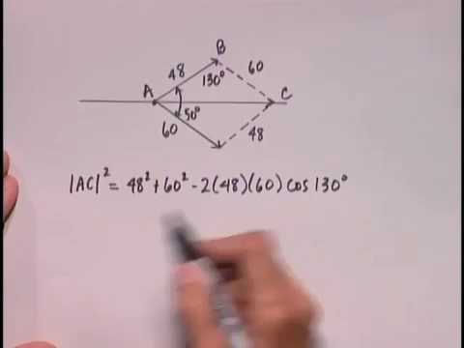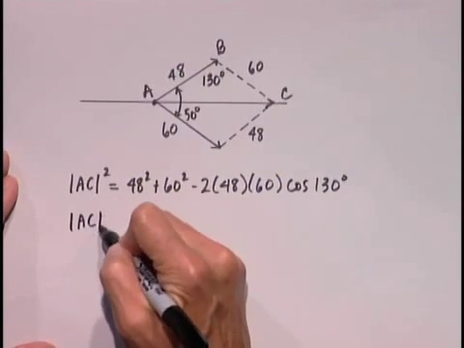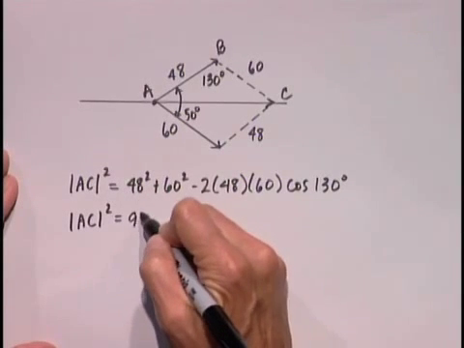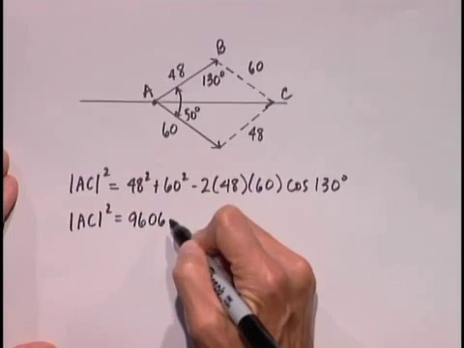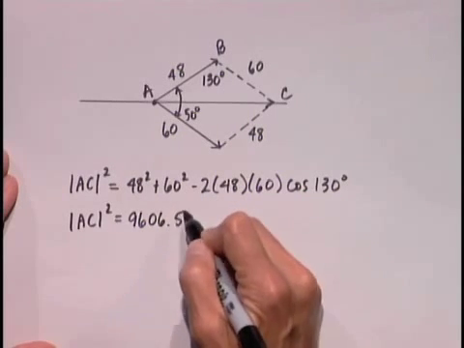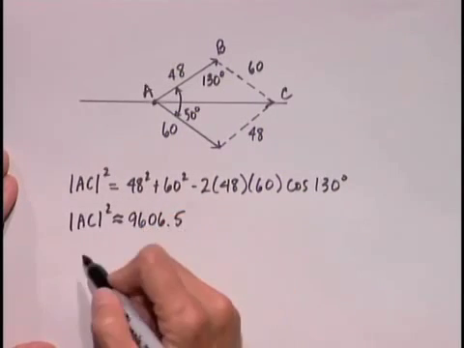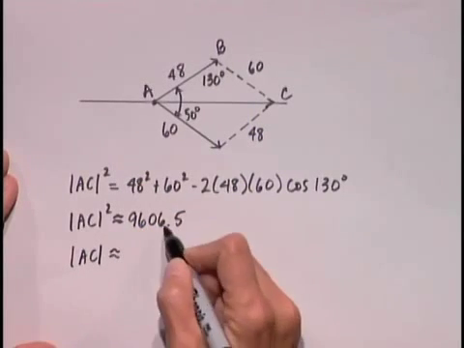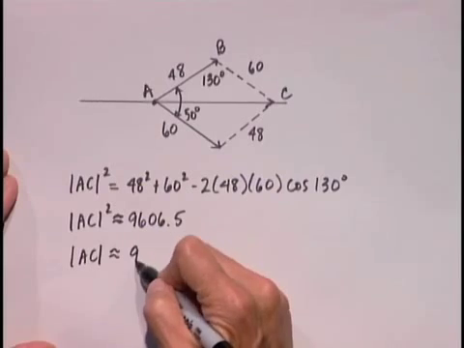Now, if you crunch this number on your calculator, you'll see that the magnitude of AC squared is about 9,606.5, approximately, not exactly. And so the magnitude of AC, the square root of that, is 98.